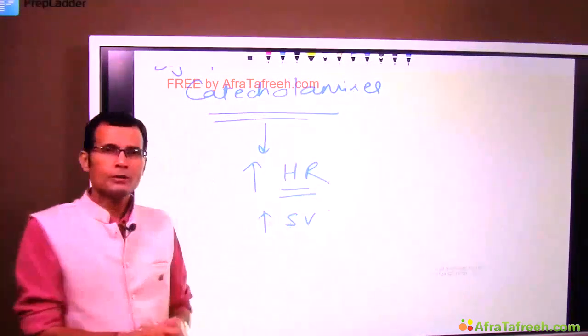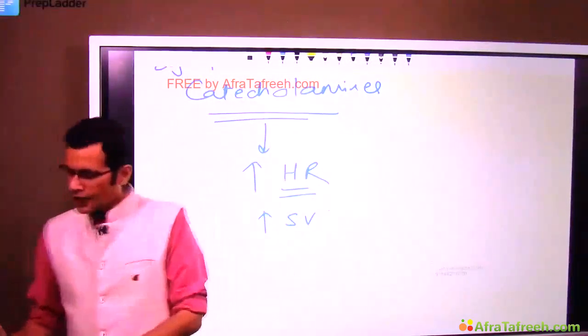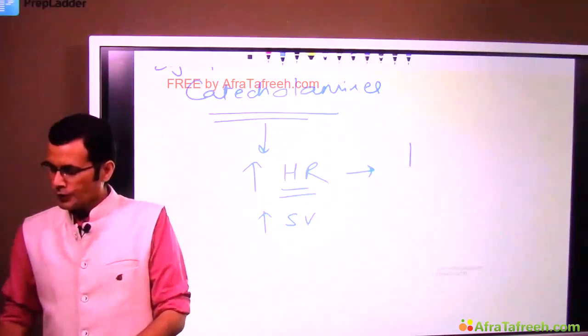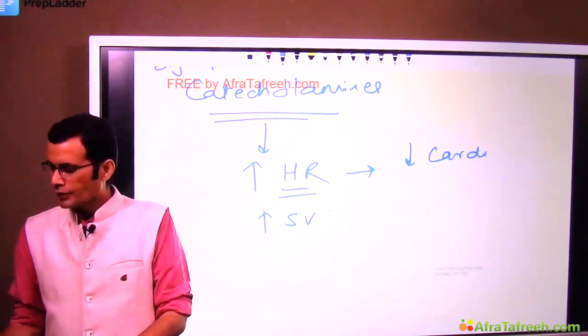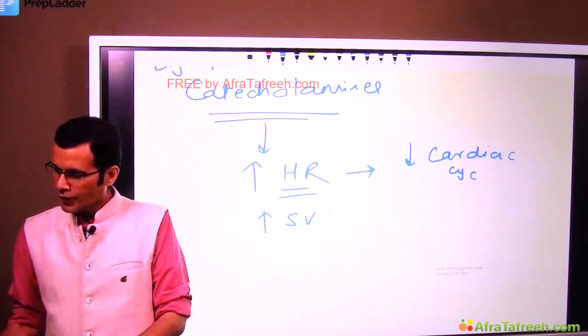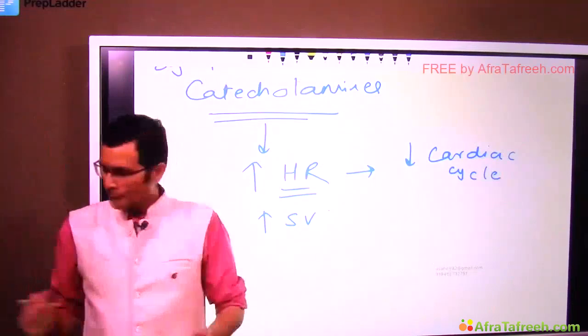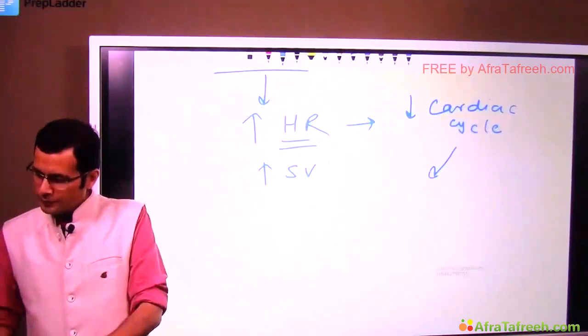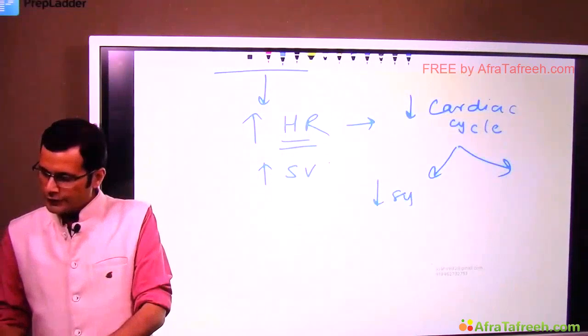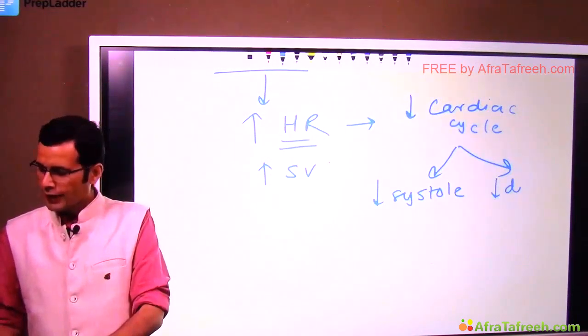how is this possible? Because increased heart rate means decreased cardiac cycle duration, and that means there is decreased systole duration and decreased diastole duration.